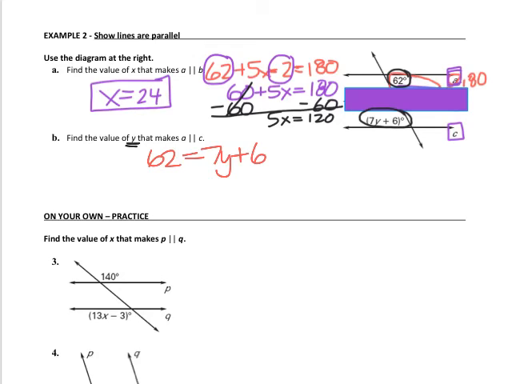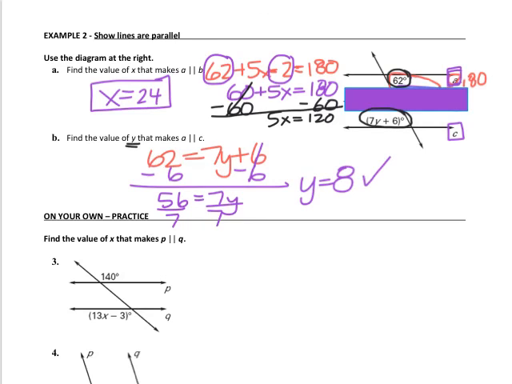Remember, they're inside the parallel lines but on opposite sides of the transversal. And if they are equal or congruent, then I know that my lines are parallel. So we're going to subtract 6 from both sides. I'm ending up with 56 equals 7y. If I divide by 7, then y is equal to 8.